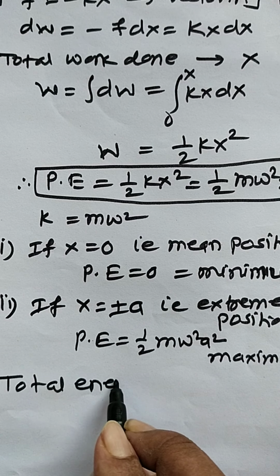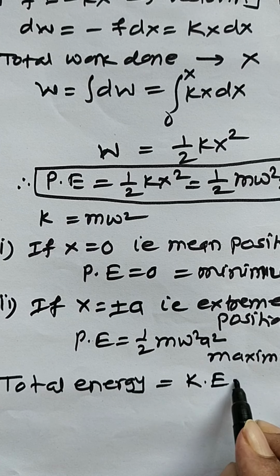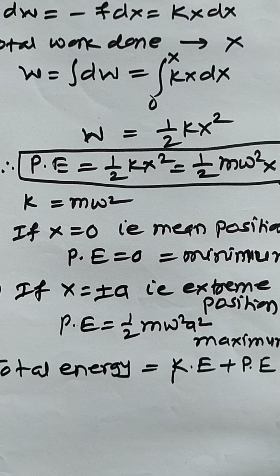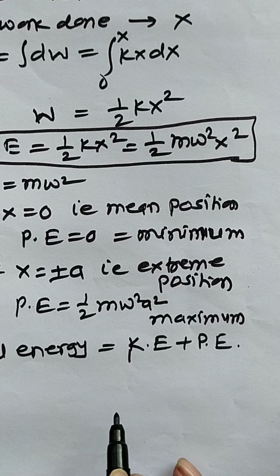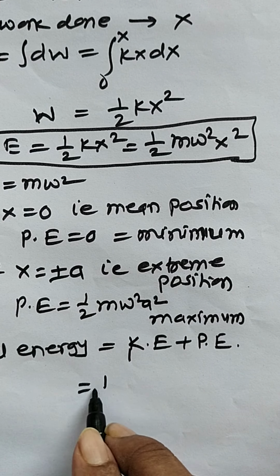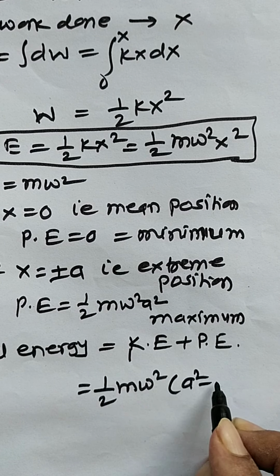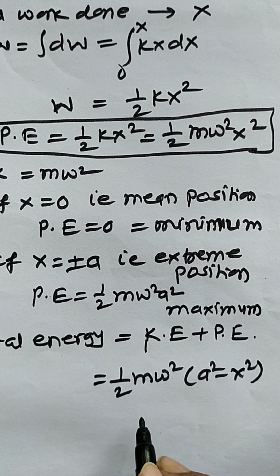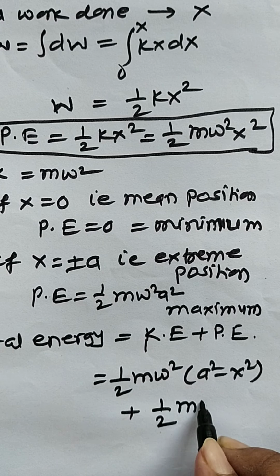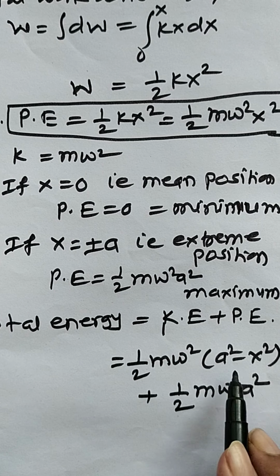So when we take the total energy, the total energy is equal to kinetic energy plus potential energy, the summation of the two. The kinetic energy is 1/2 m omega square (a square minus x square), plus the potential energy, 1/2 m omega square x square.